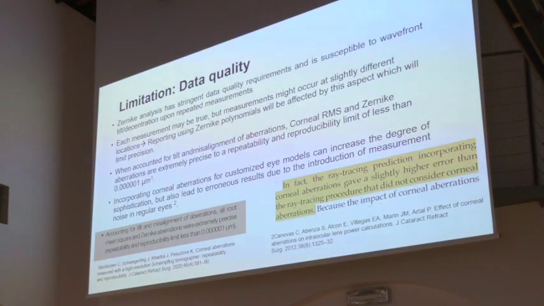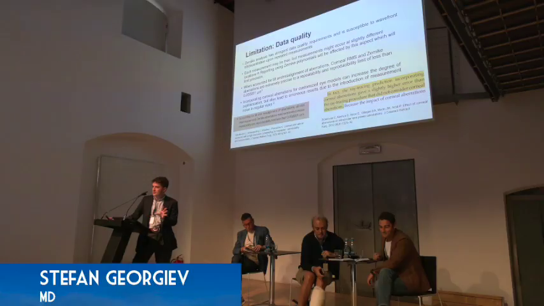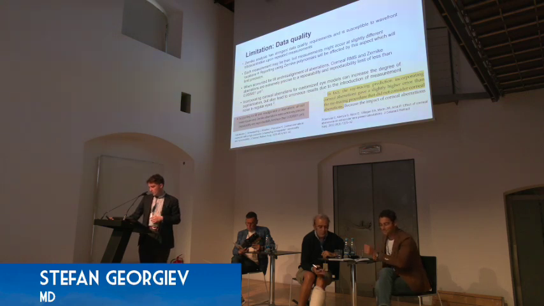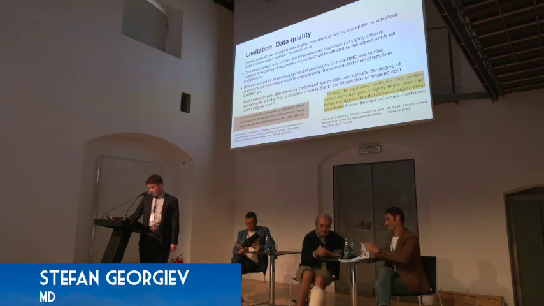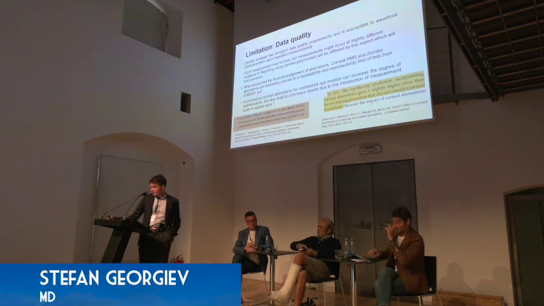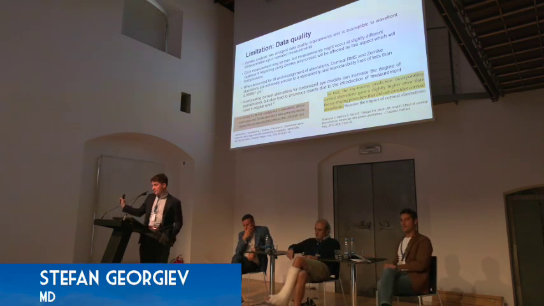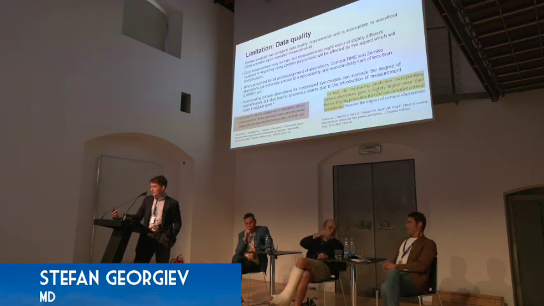This is also relevant because Zernike analysis and ray tracing usually have stringent data quality requirements, and repeated measurements might slightly alter the wavefront. I really want to point out a more recent publication by McAlinton and associates, whereby they show that when they account for tilt and misalignments of aberrations from the Pentacam, in this case the Pentacam HD, the Zernike aberrations become very precise. So there is inherent variability baked into the cake when it comes to reporting with Zernike polynomials.